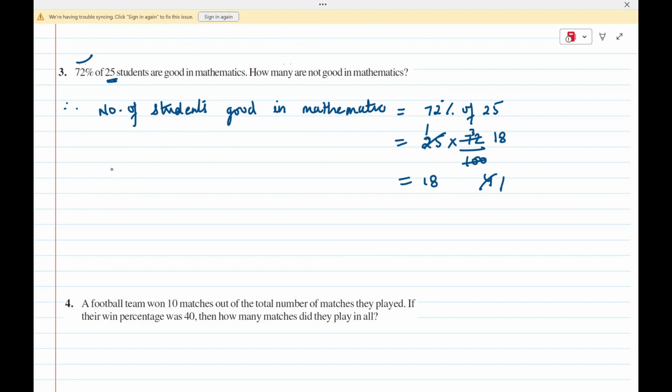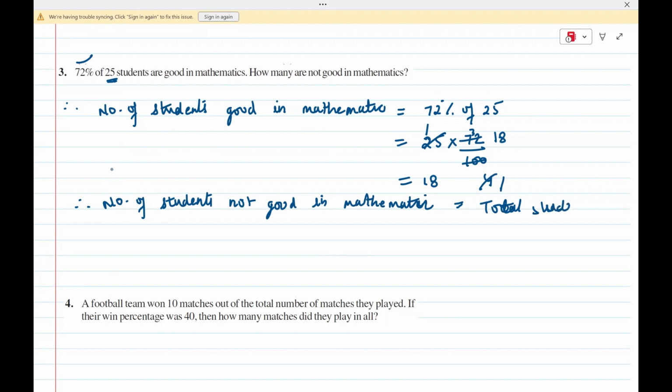But they have asked how many are not good in mathematics. Therefore, the number of students not good in mathematics is nothing but total students minus those who are good in mathematics. Total is 25 minus 18, which will give you 7.